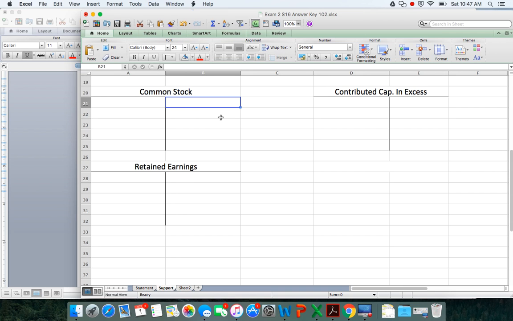All right, so common stock. Let's think about how these accounts are affected, right? Common stock is a stockholders' equity account, as are the others, which means they all have a beginning balance and an ending balance on the credit side this time. So I can put these beginning balances and ending balances in each of these accounts.